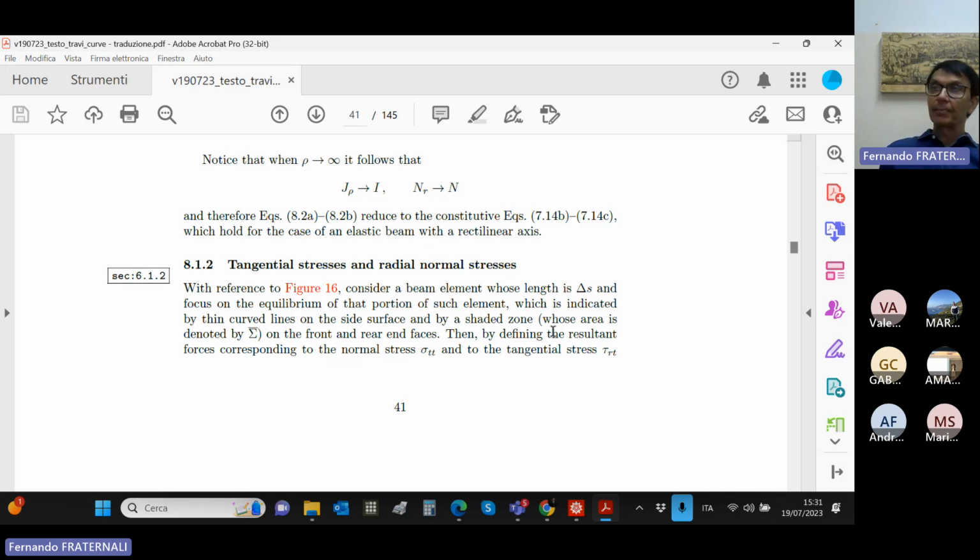It is a reaction of this internal constraint, that forces the cross section to remain rigid. So we have a constitutive part of the tangential stresses and the reactive part. The reactive part is associated with the constraint that does not allow warping of the cross section.